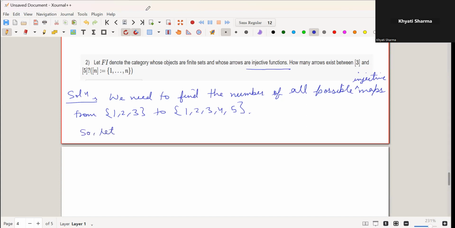Okay, so let f be an injective function from [3] to [5].